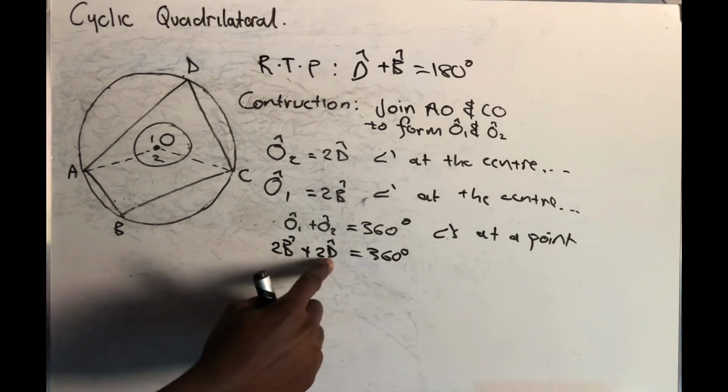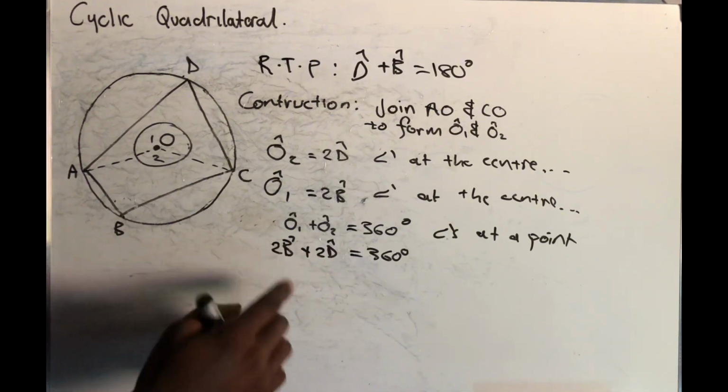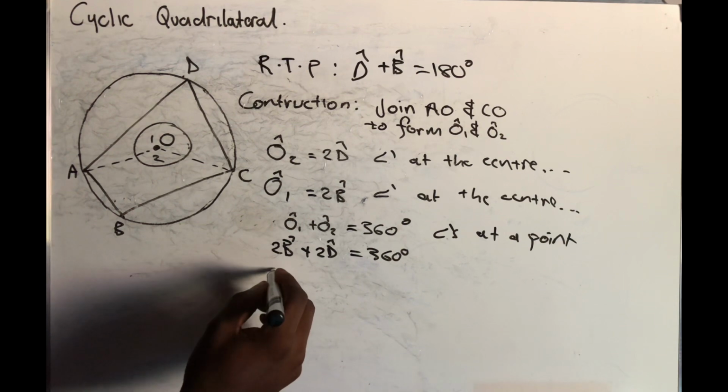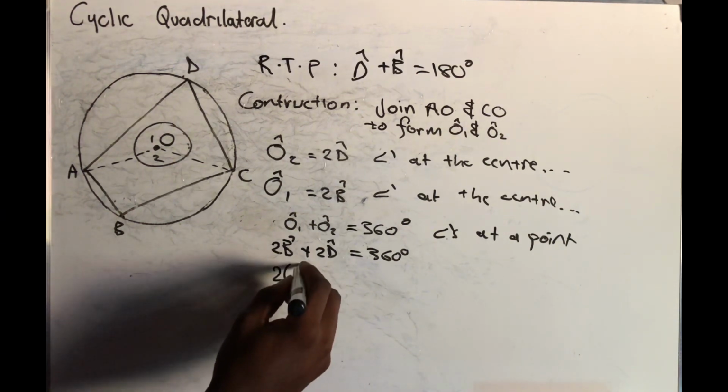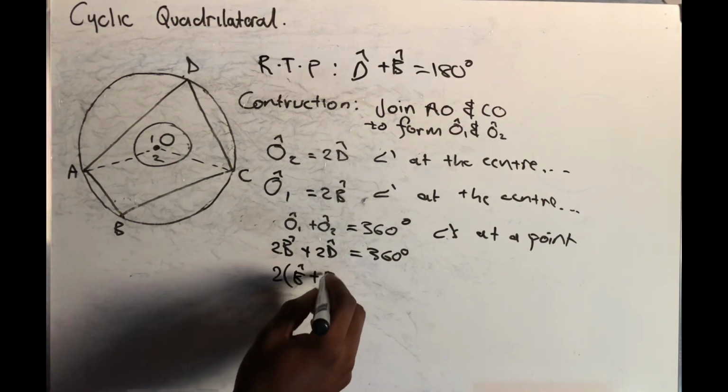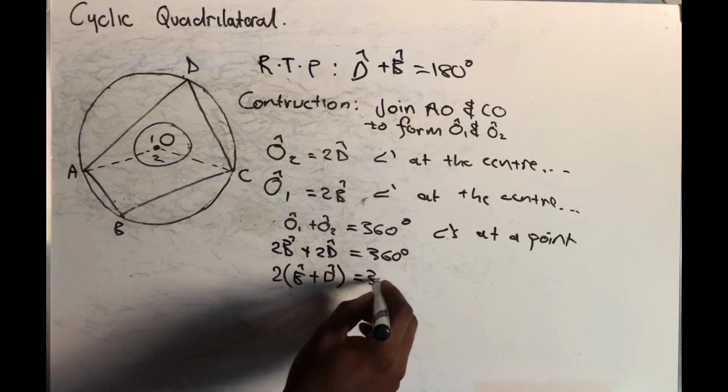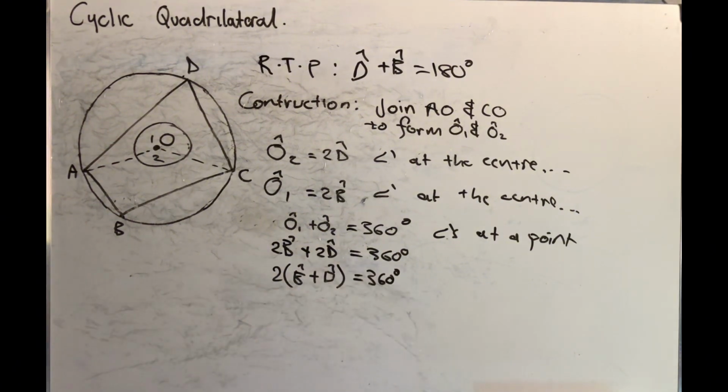But you see here there's a common factor. 2 is a common factor. We take out 2, and we are left with angle B plus angle D equals 360.